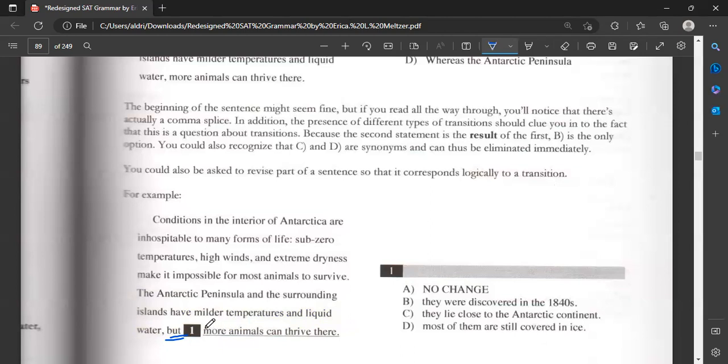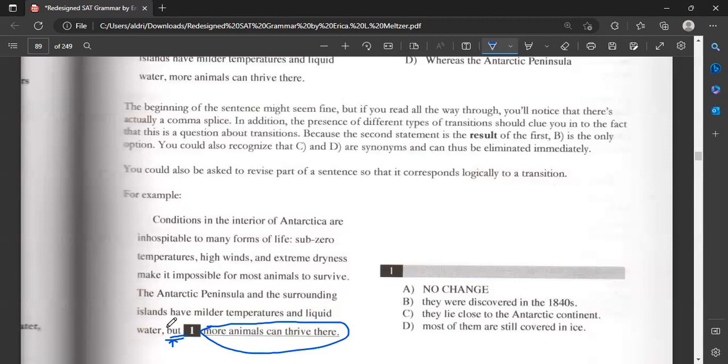We know that this is a cause and effect, but because of the word but, we are trying to look for a contradiction. So let's go through the answers and look for a contradiction. Let me phrase it that way, right?